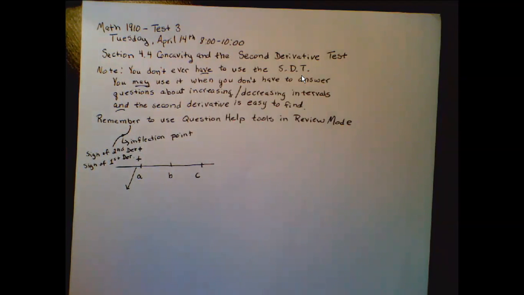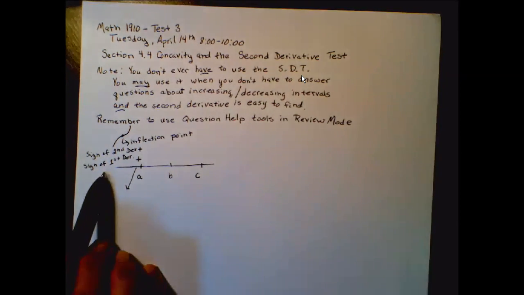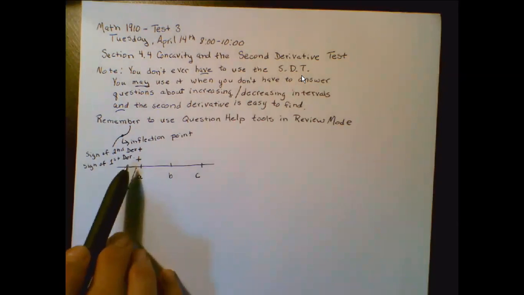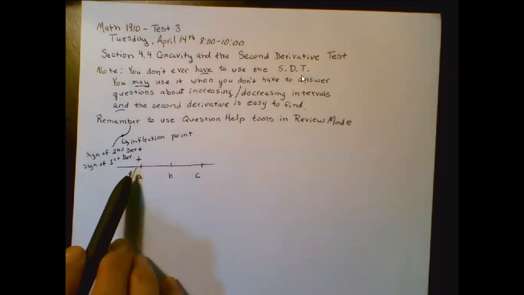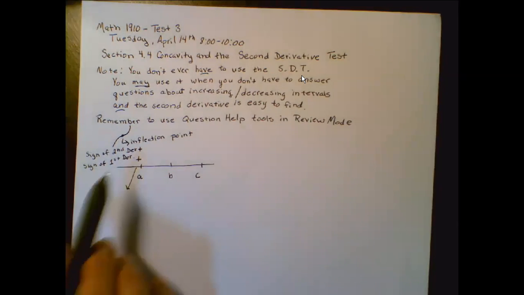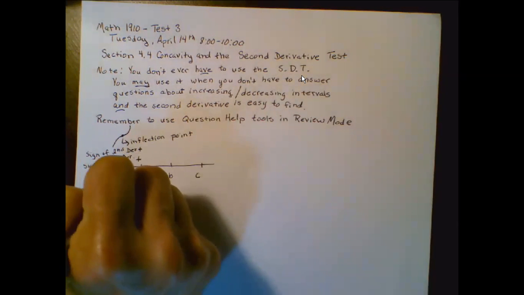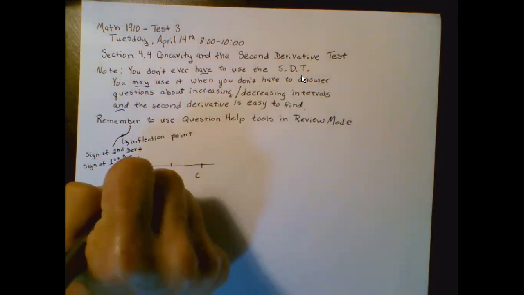Is the function increasing or decreasing to the left of A? Decreasing. I didn't hear you. Say that again. Decreasing? Where the first derivative is positive, that's increasing. Where the first derivative is negative, that's decreasing. So where the first derivative is positive, that interval on the graph is increasing.